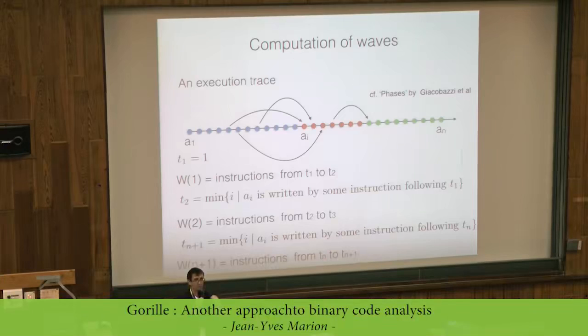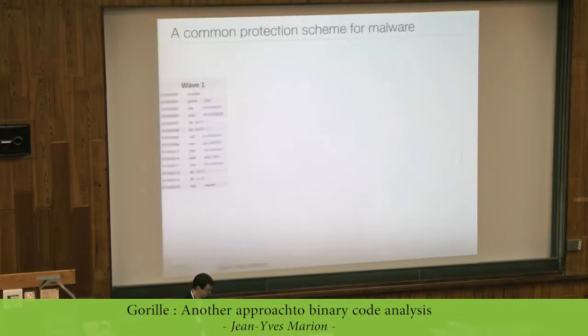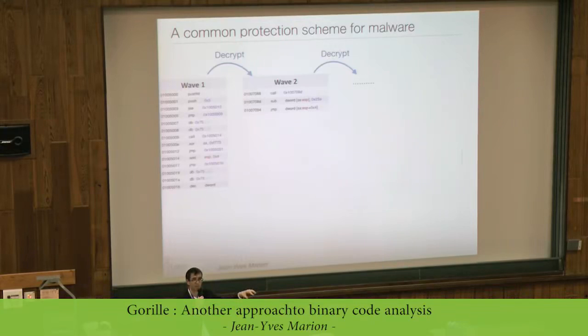In this case, this is a witness of the fact that you are going to change from one wave to another one. So with this very simple mathematical definition, we are able to compute these waves very easily just by looking at the fact that you have in memory one instruction which wrote some bytes in memory, and then these bytes are run.